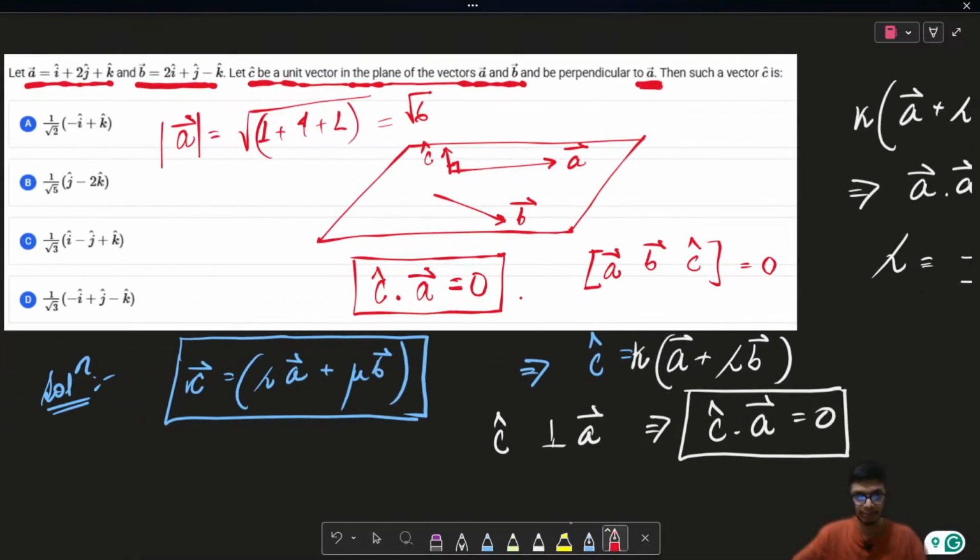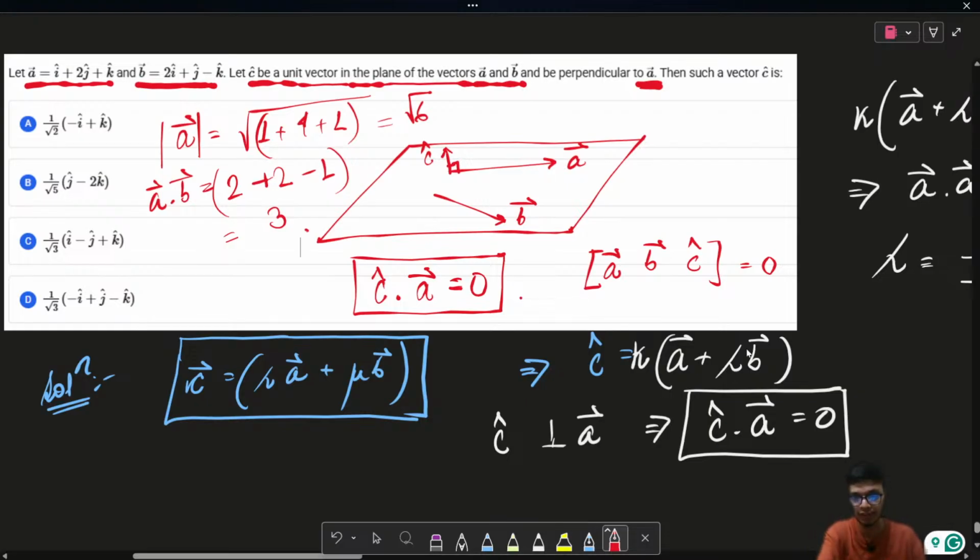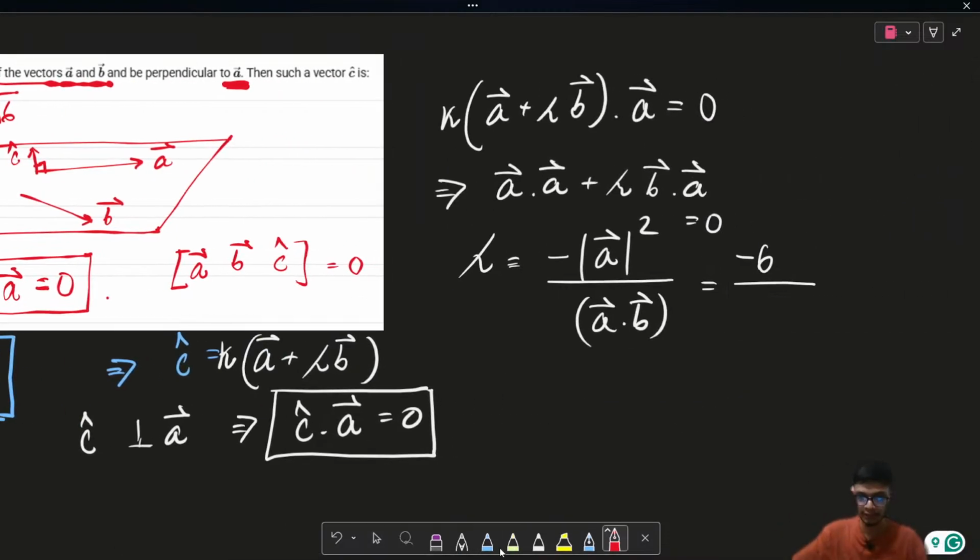So a dot b, if I perform the result, is going to be 2 plus 2 minus 1, and that is basically equal to 3, right? So a dot b is equal to 3, so I will put 3 over here, and from this I will get the value of lambda to be equal to minus 2.